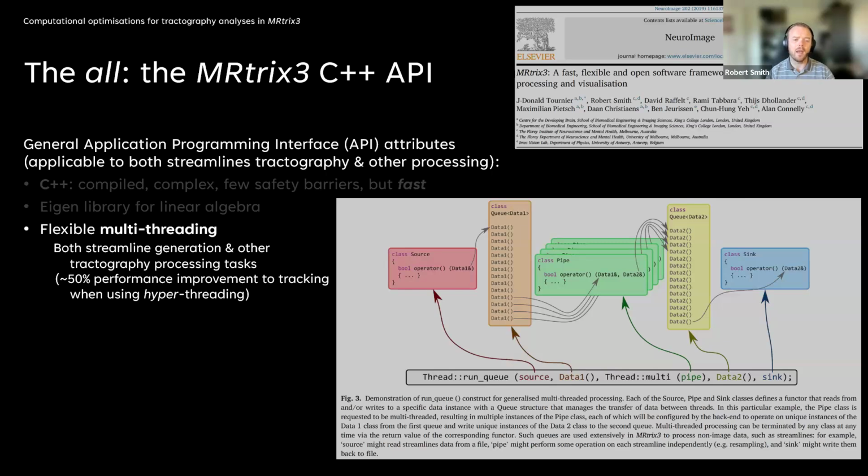And this comes about by this framework whereby we can define any type of data that we want to be either input or output to a multi-threaded process, and the backend deals with all of the communication with the threads. And so this can be used for streamline generation itself, but also for any kind of other post-processing operations.